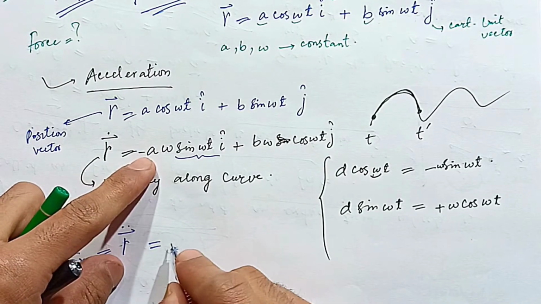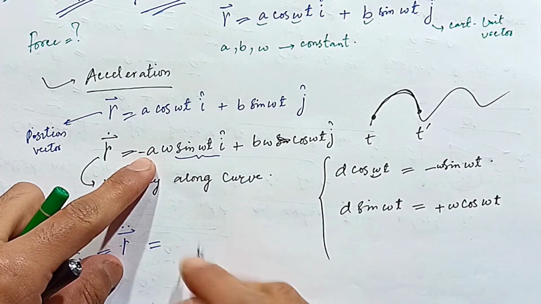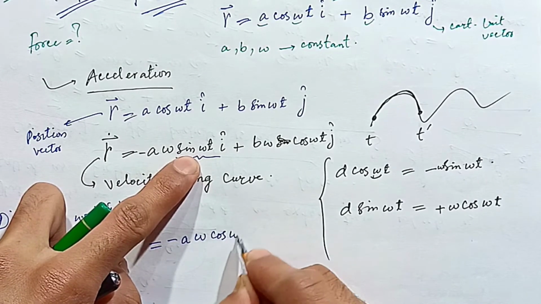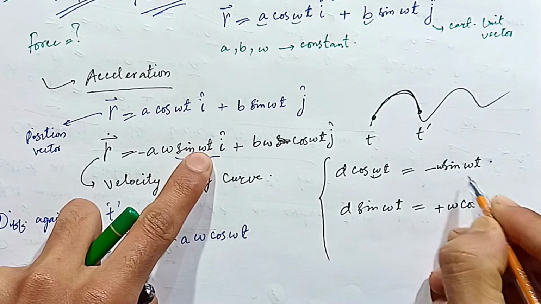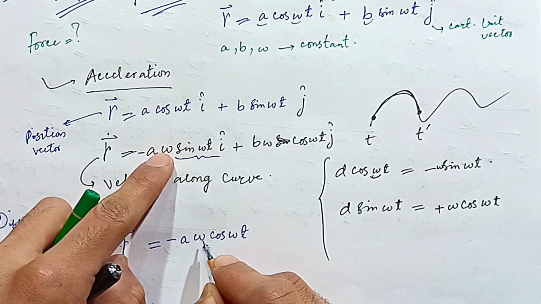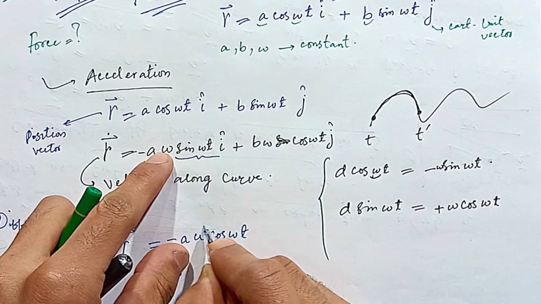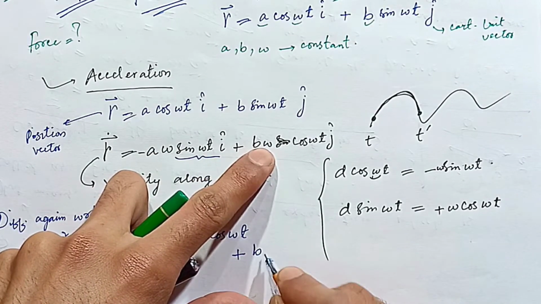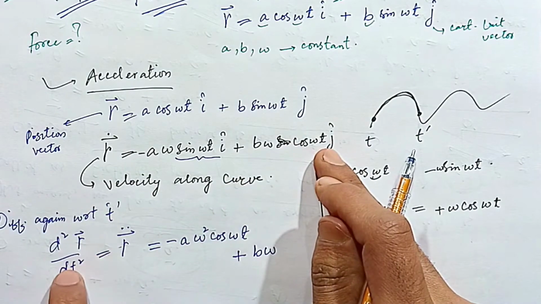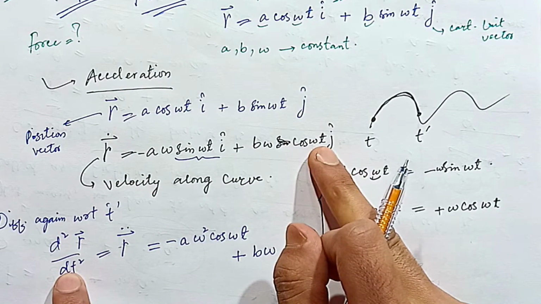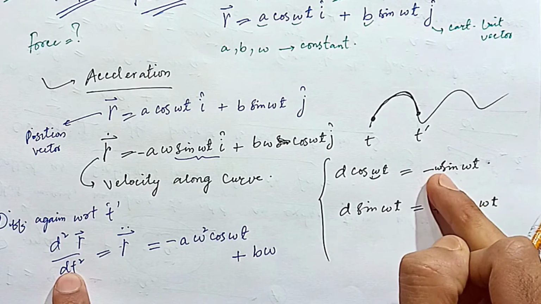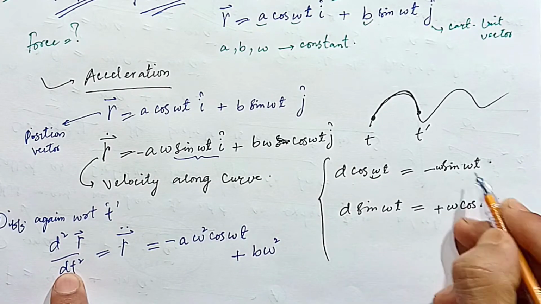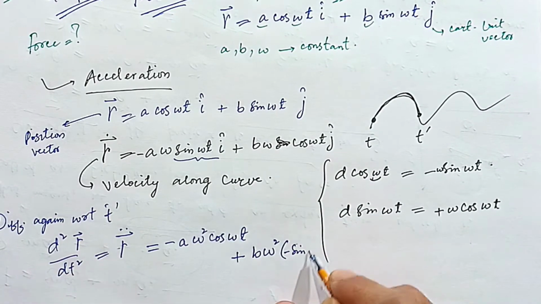So we will get minus a omega cosine of omega t, with an extra omega, which already has one omega, so it comes out to be omega squared, plus b omega, differentiating again, cosine of omega t differentiation is minus sine omega t with an extra term omega, multiplied to this it will be omega squared, minus sine omega t.